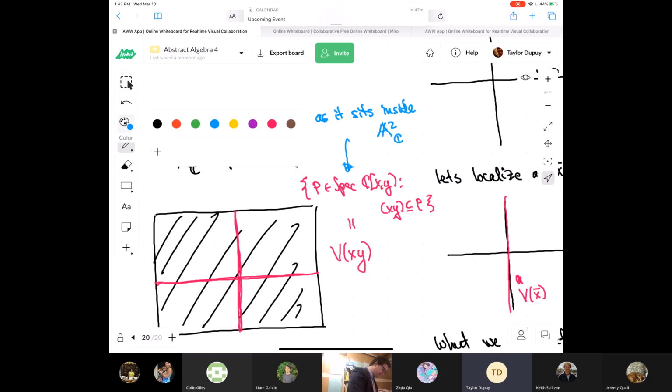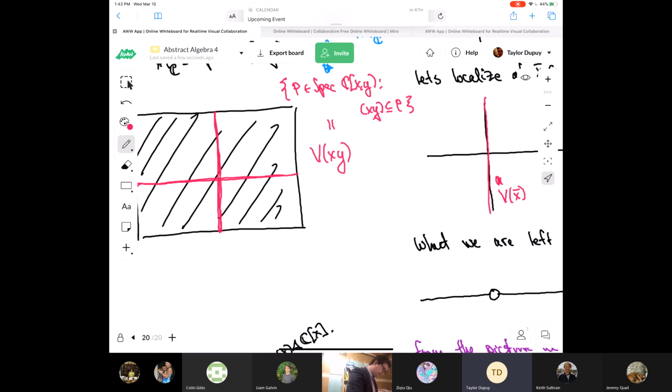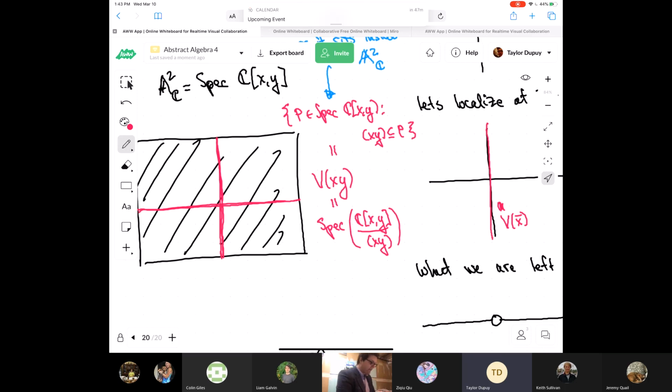The other perspective is that this thing here is also spec of C[x,y] mod xy. That's the interesting part: there's this correspondence, so this thing also corresponds to this quotient ring.